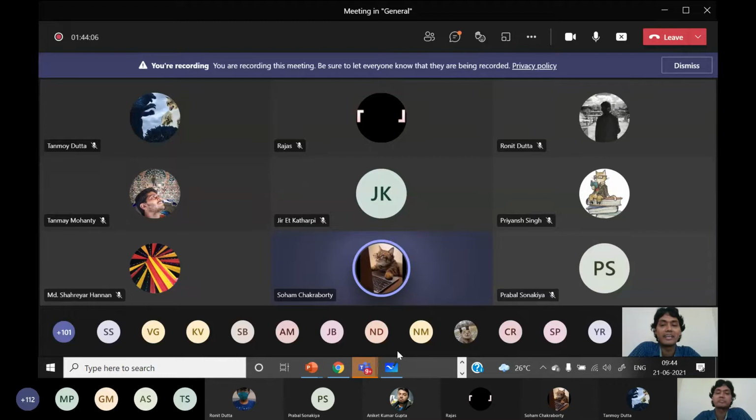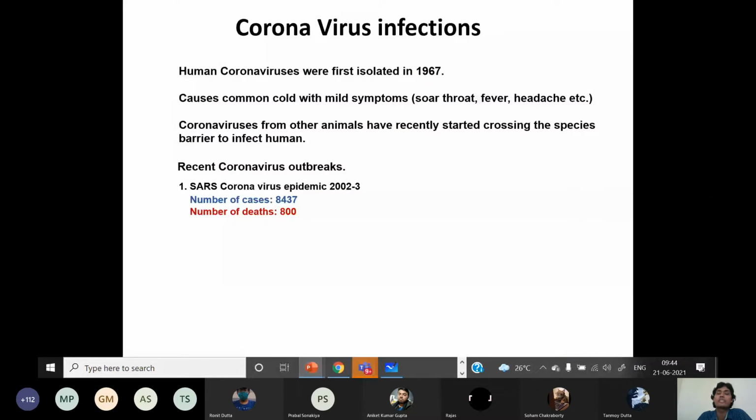Now, if you see coronavirus infection, human coronaviruses were first isolated in 1967, causing common cold with mild symptoms like sore throat, fever, headache. Coronaviruses from other animals have recently started crossing the species and causing infection. For example, recent coronavirus outbreaks. This is mostly taken from Wikipedia or online sources, not from a textbook.